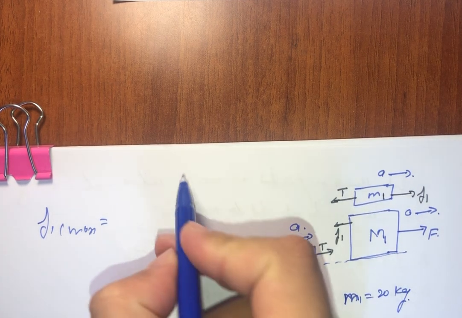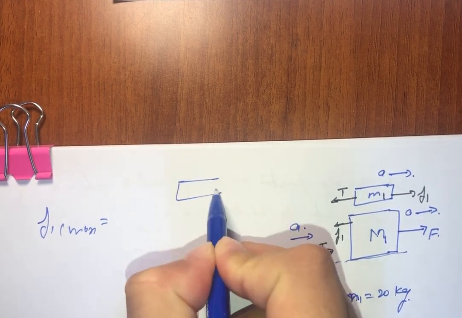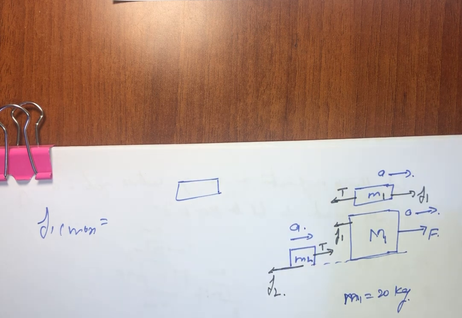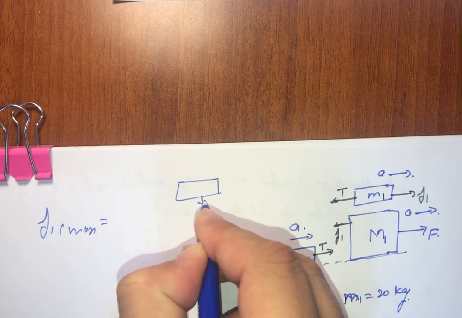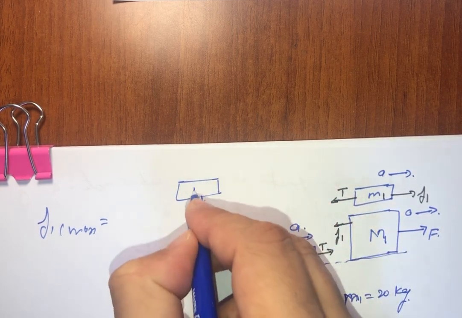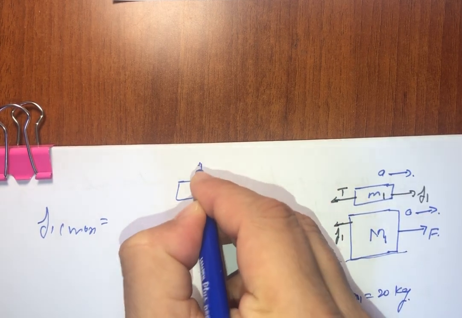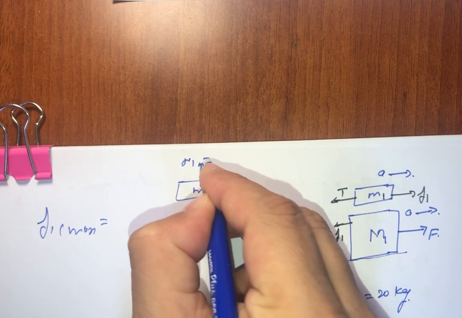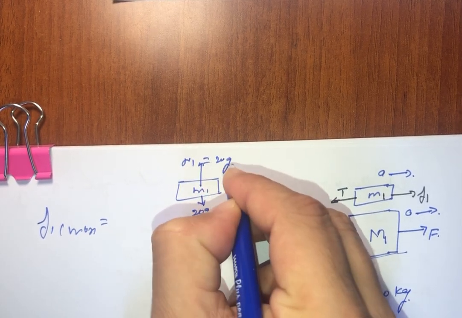Okay. So for M1, its weight is 20, so in the downward direction there will be 20 g, and this is our M1, and there will be a normal, let us suppose that is N1, which is equal to 20 g.